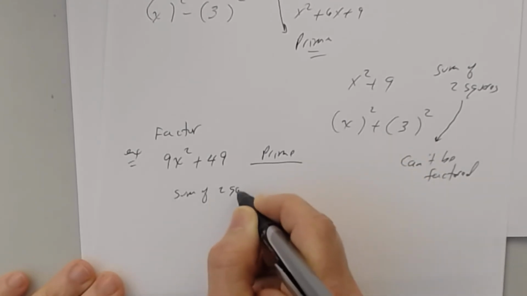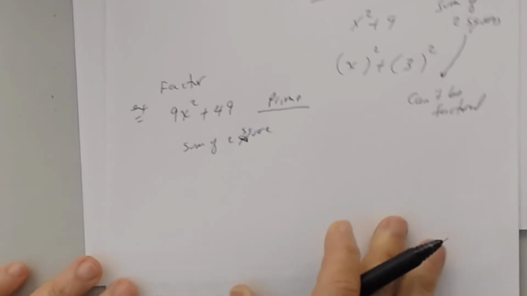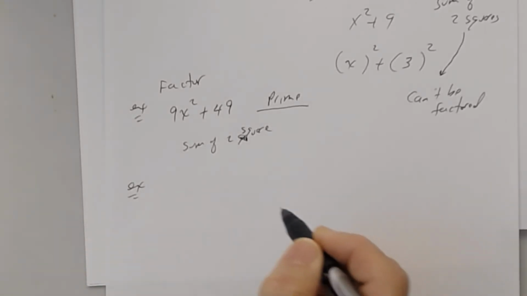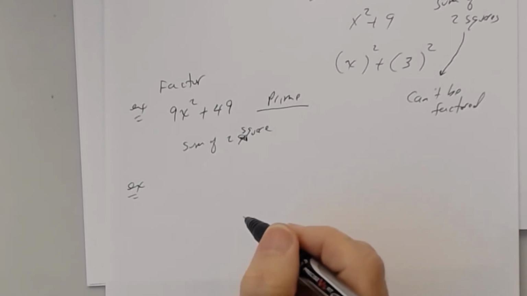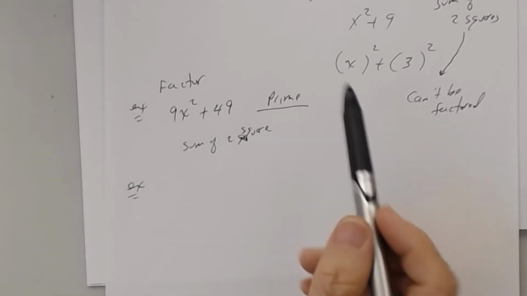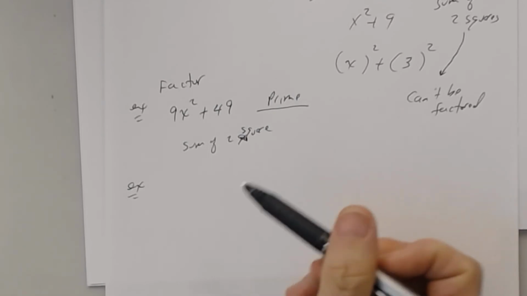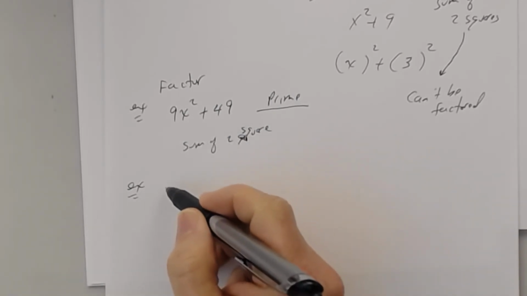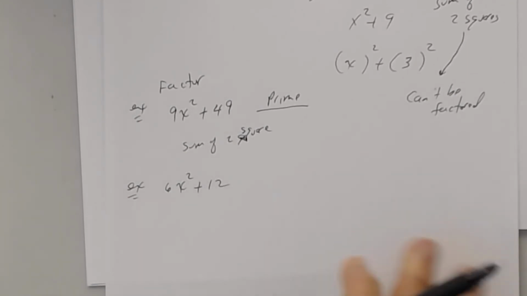So every time it's a plus sign, does that mean it's prime? No. Her question is this: every time you see a plus symbol, does that mean it's prime? No. If it's a sum of two squares, then yes, it will be prime. Okay, so what if I had 6x squared plus 12?